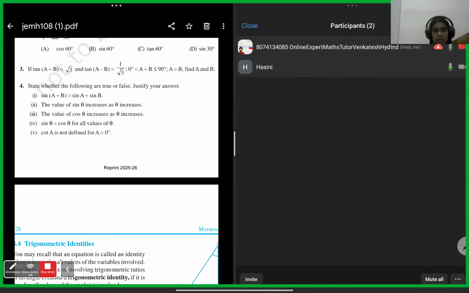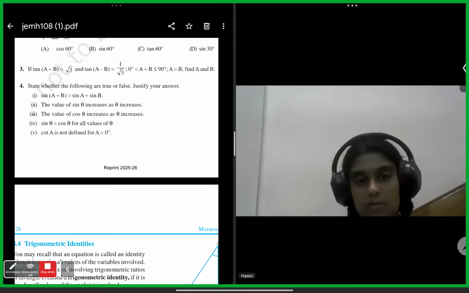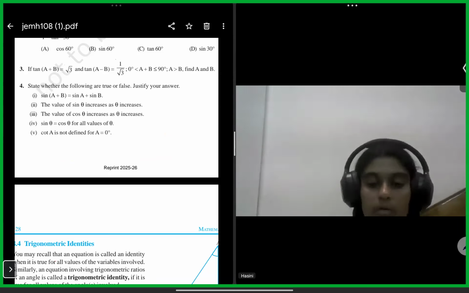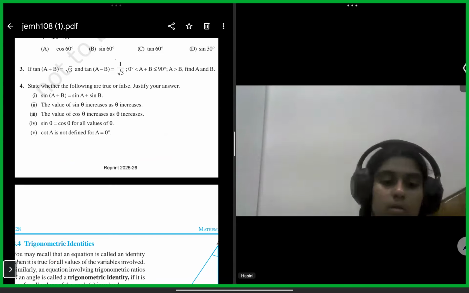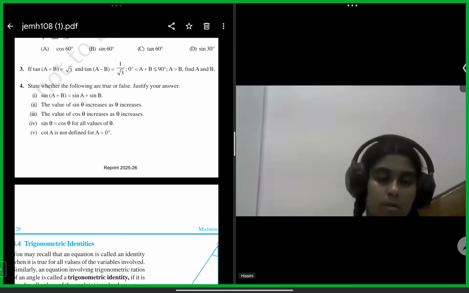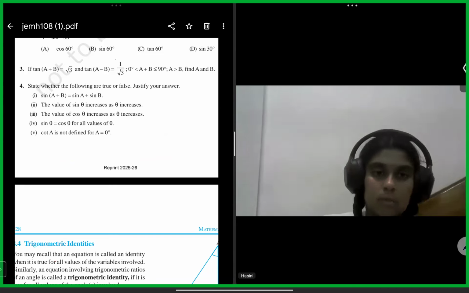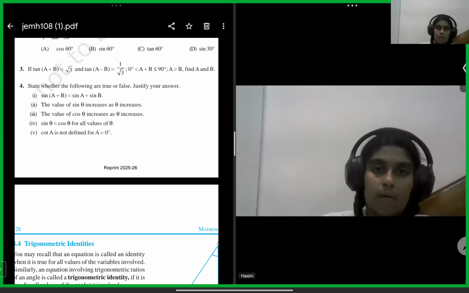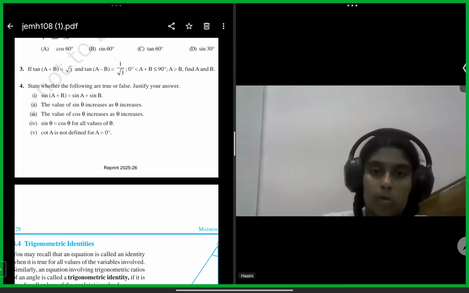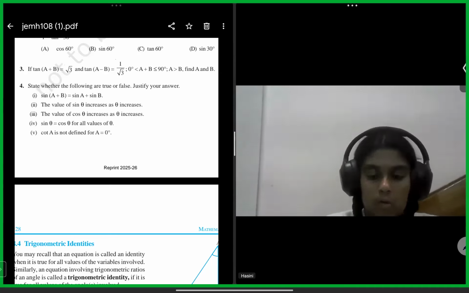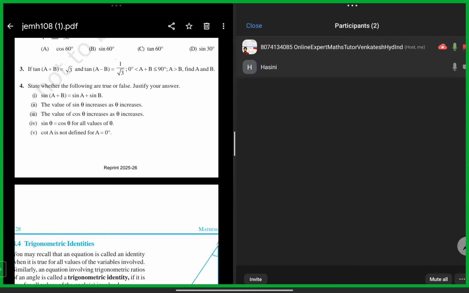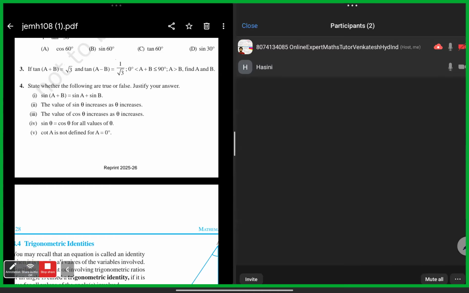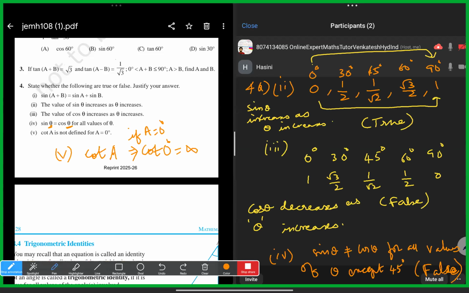Because 0 by 1 means 0 only, that is tan 0. But cot 0 means reciprocal of tan 0, that is 1 by 0. 1 divided by 0. We cannot divide any number by 0. So that's why it is not defined, infinity. So it's true, Hasni, fifth bit.